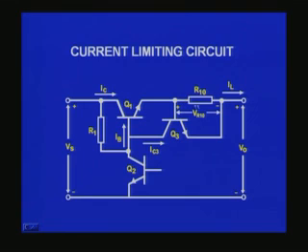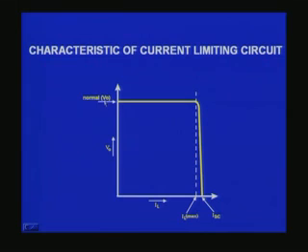If I connect 0.7 ohms in place of R10, I will have a maximum current of 1 ampere, and if I try to exceed the current beyond 1 ampere, the output will be almost close to 0. So that way we can calculate the value of the short circuit current which I want to limit. I have shown the characteristics here corresponding to that.